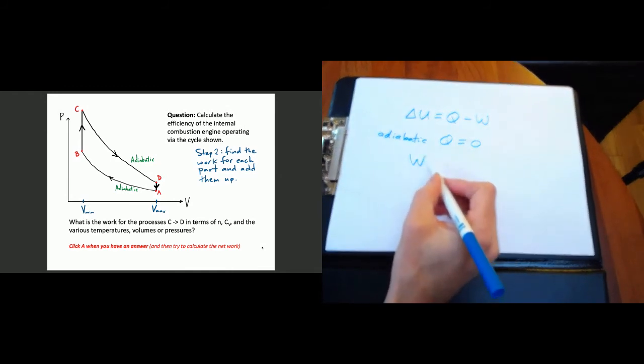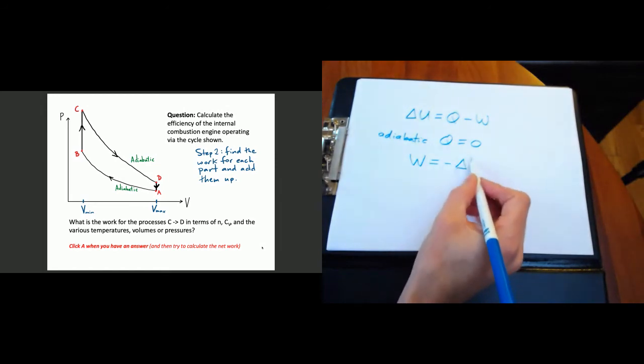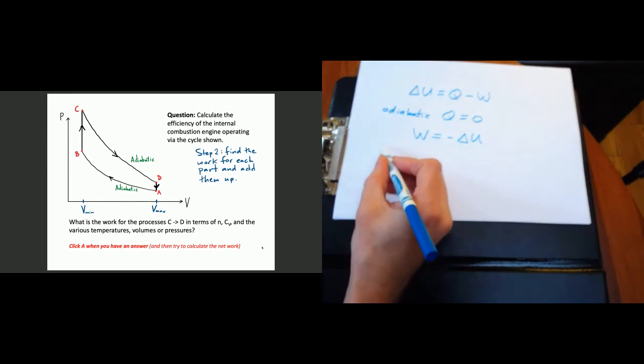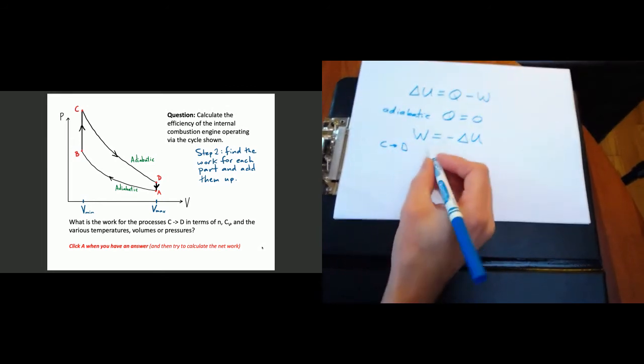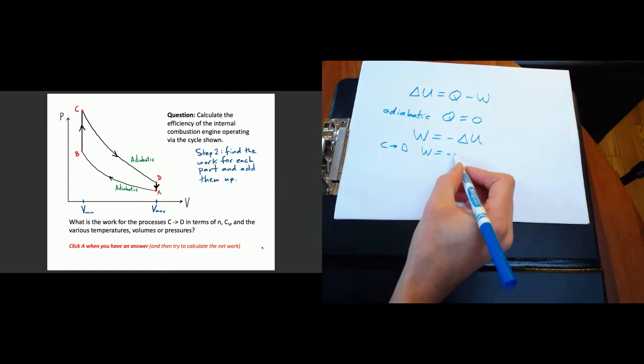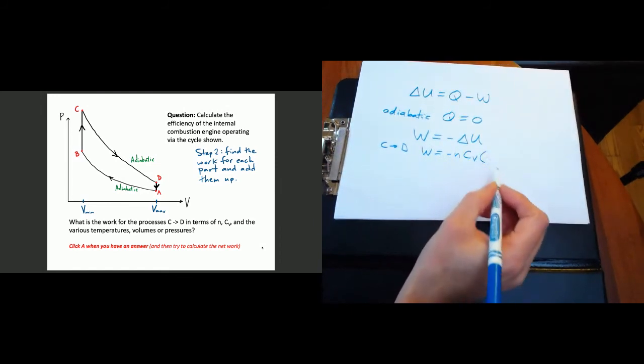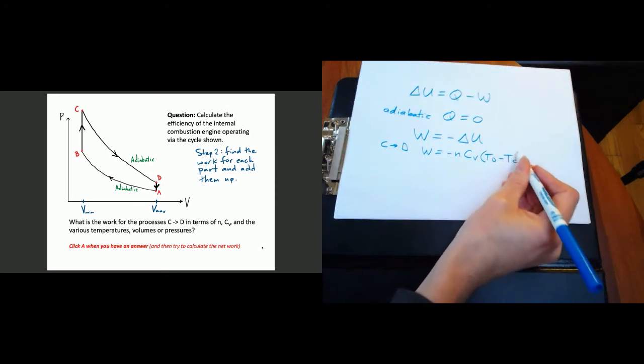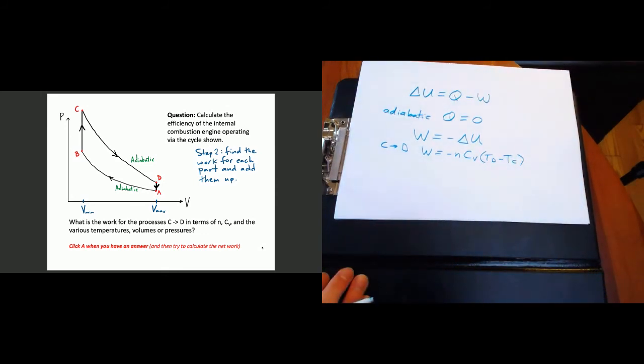And so if I want to calculate the work, then it's just equal to minus delta U. And so in the process C to D, then the work is equal to minus N CV delta T, which is TD minus TC. Okay.